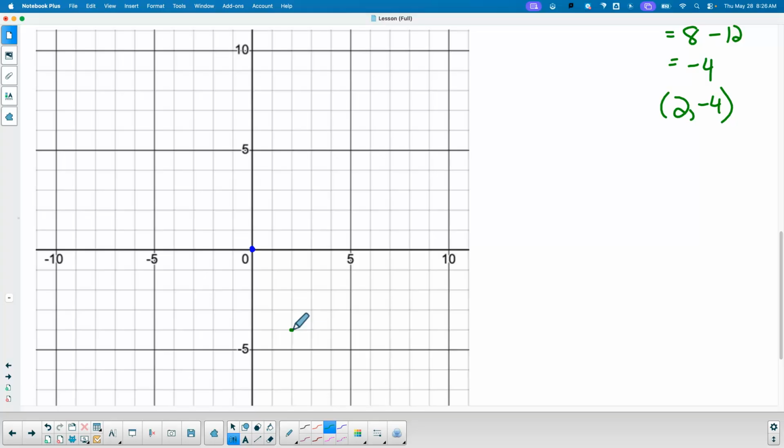We also know that at 6 we're at 108. So that's way off my chart, right? Okay? So that means that we're going up and up and up.